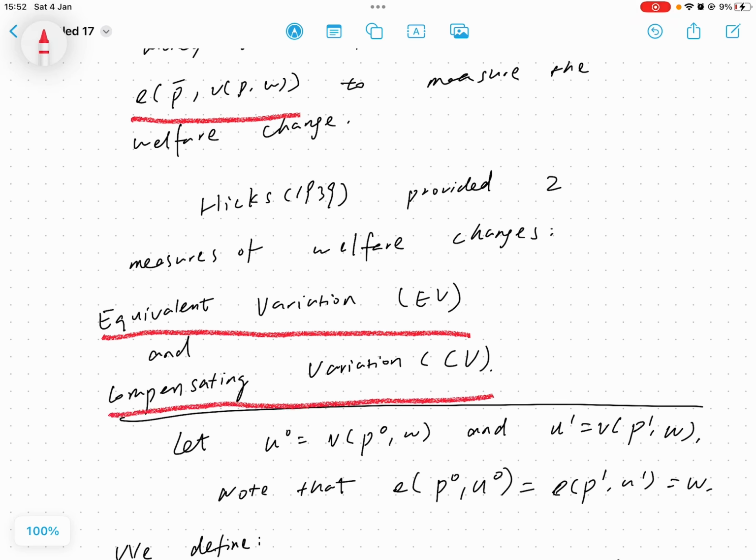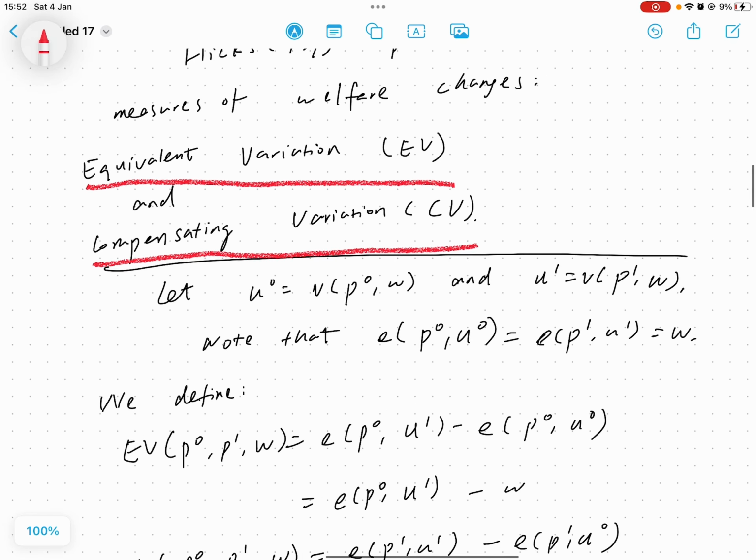Those are just metrics, as we said, ways to compute the changes in consumers' welfare in terms of expenditures. They are two different ways, and sometimes they are equal to each other and sometimes not, under certain situations.